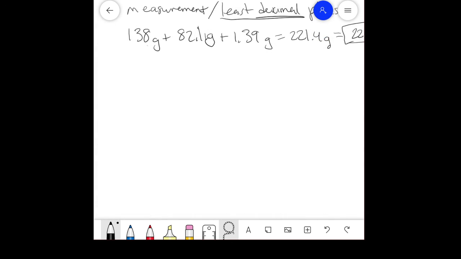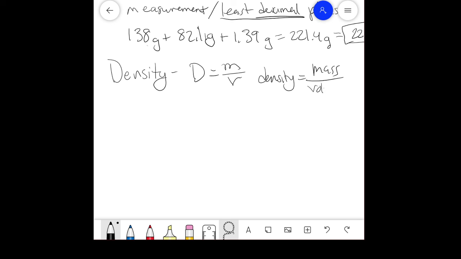Okay, and then one more thing. Wow, this video is a bit long. Just density. Density equals M over V. Density equals mass over volume.